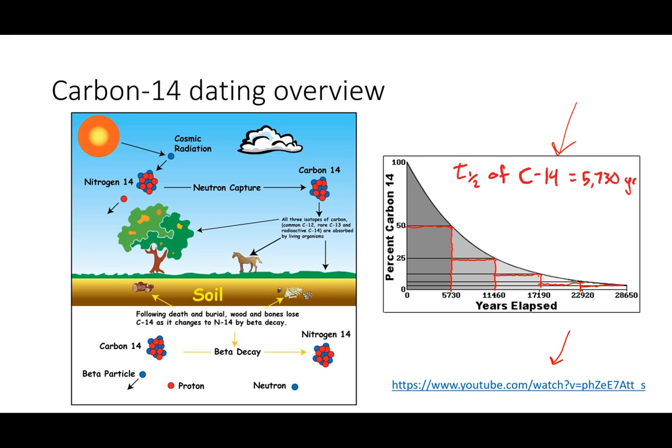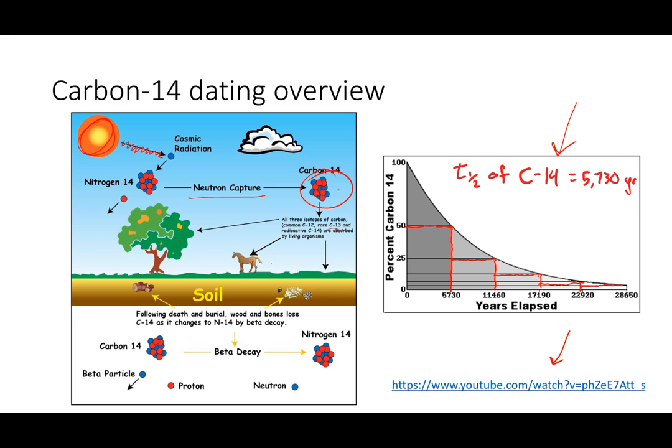So the sun emits solar radiation, electromagnetic radiation, that bombards nitrogen-14, and through a process called neutron capture, creates carbon-14. This carbon-14 exists in the atmosphere, and organic material like trees or animals or people, living organisms, absorb this carbon-14 and carbon-12 and the rare carbon-13 at different ratios, but they're specific ratios.